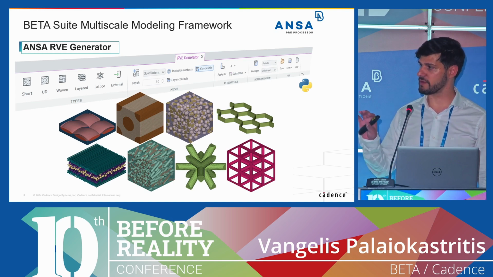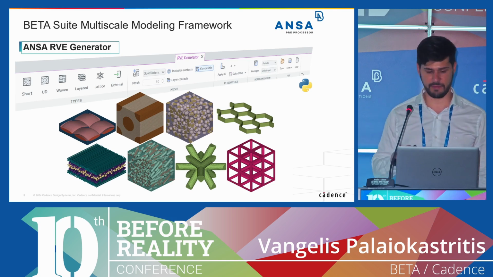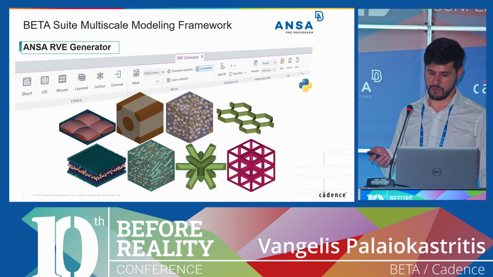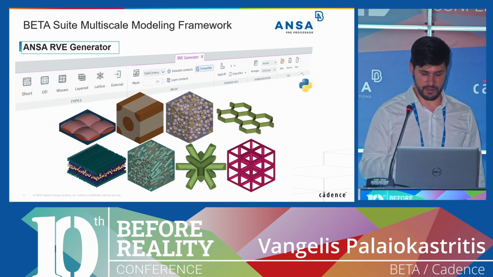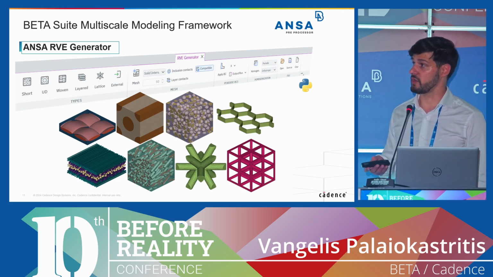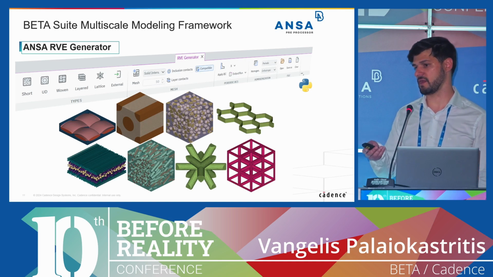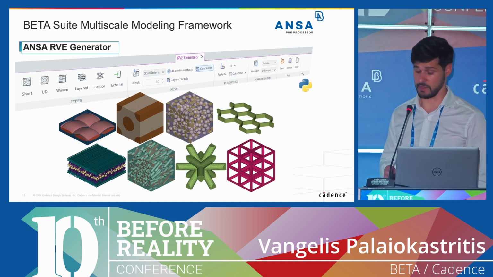So the model will create this representative volume element that describes the material microstructure. It will generate the FE model. It can apply periodic boundary conditions and give us a ready-to-run model for all structural solvers.